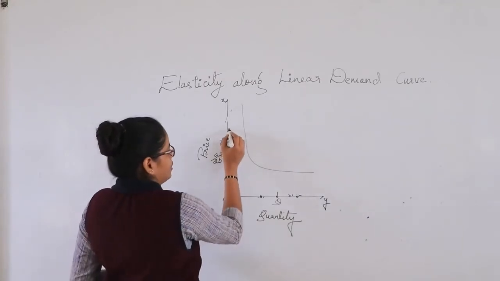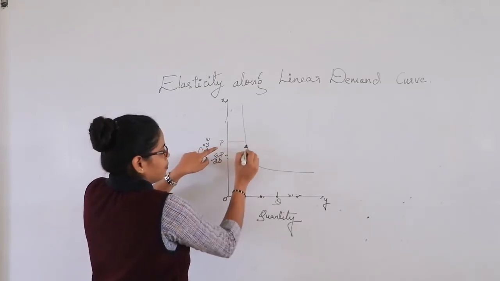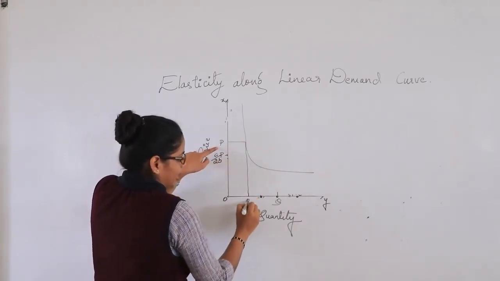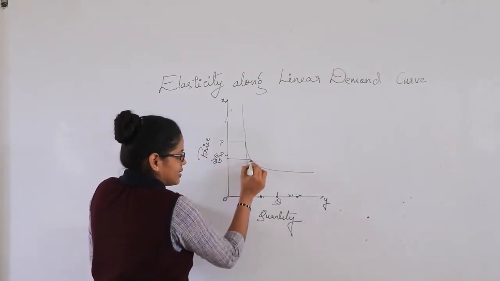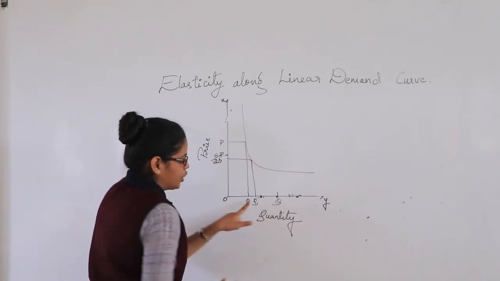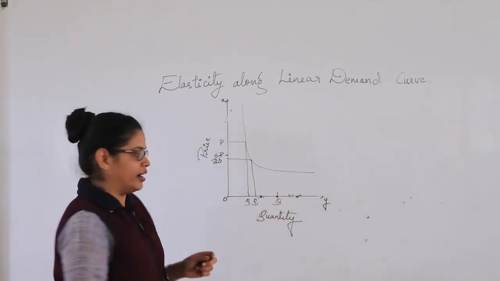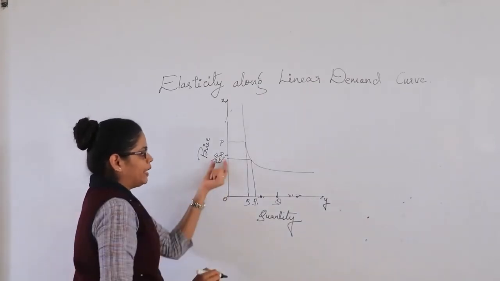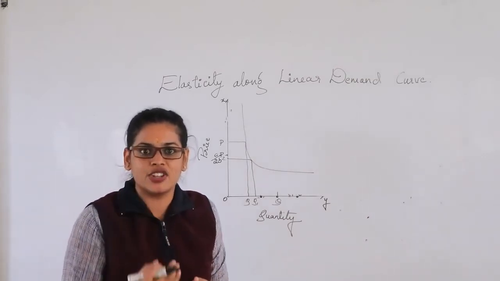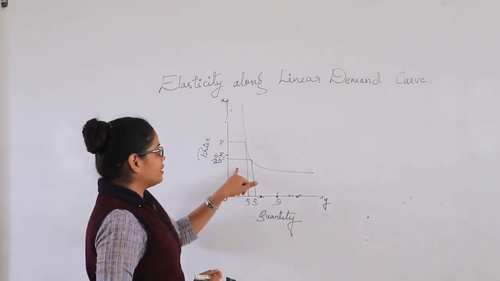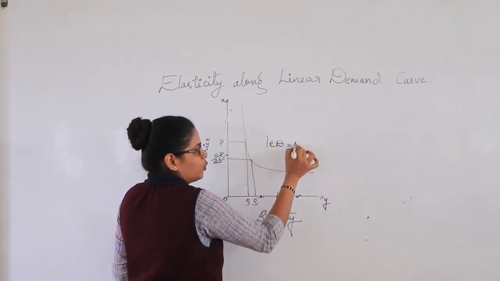We call it unitary elasticity of demand because when the price is at the point P, the quantity will be at Q. When the price decreases to P2, you can see the quantity demanded by the consumer has increased because of the drop in the price. That's why we call it the elasticity of demand equal to 1.